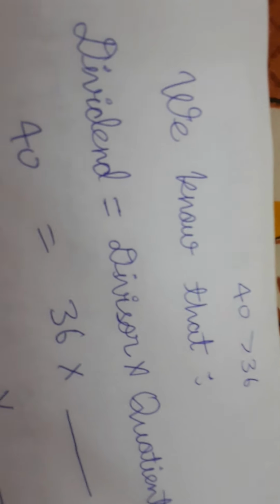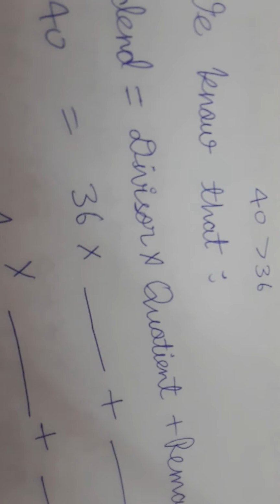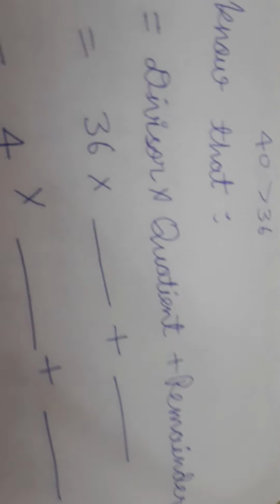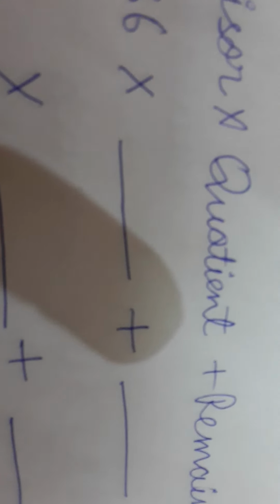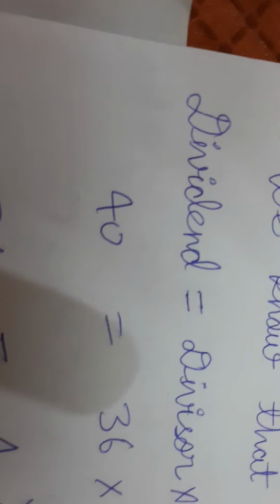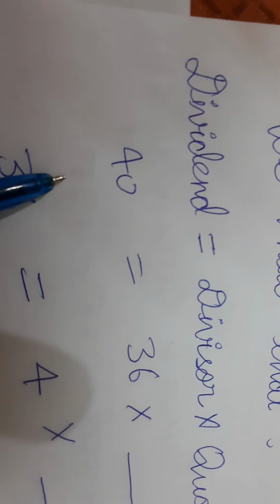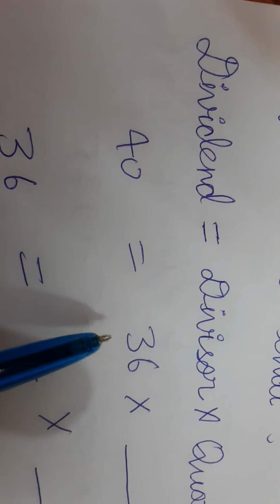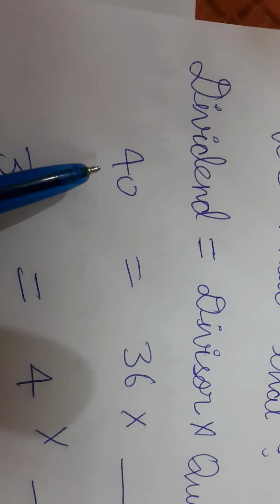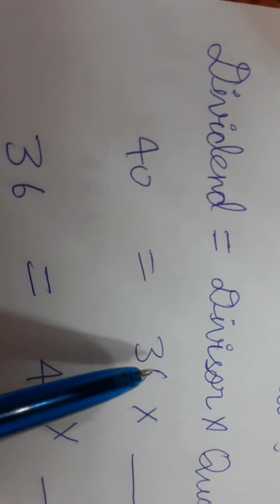So we know that dividend is equal to divisor into quotient plus remainder. Now the same procedure we have to follow: we consider the greater number, that is 40, as dividend and the lesser number, that is 36, as divisor.